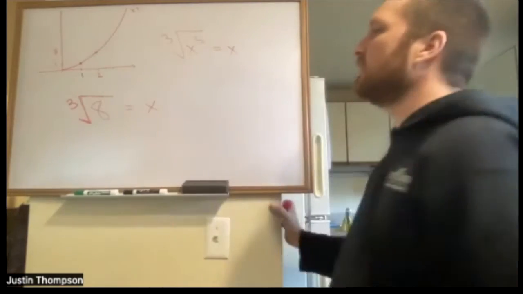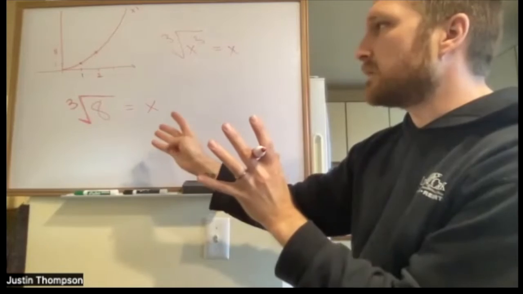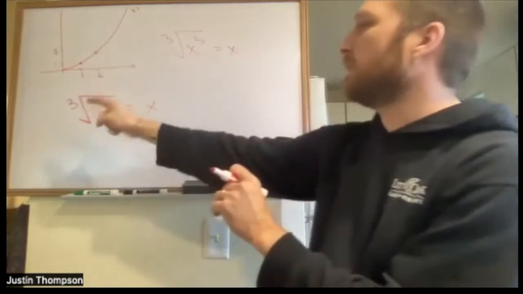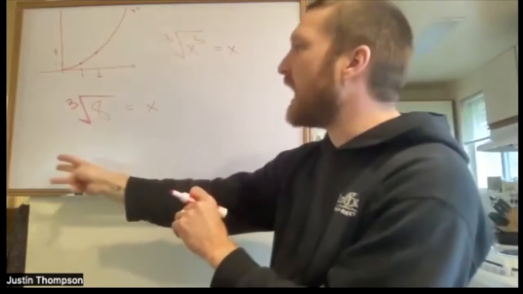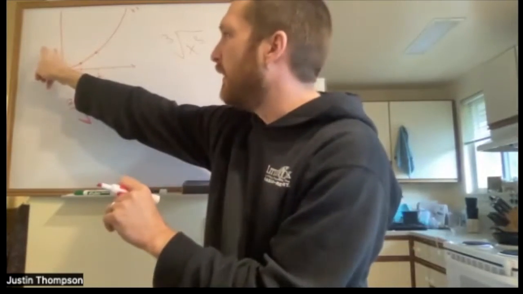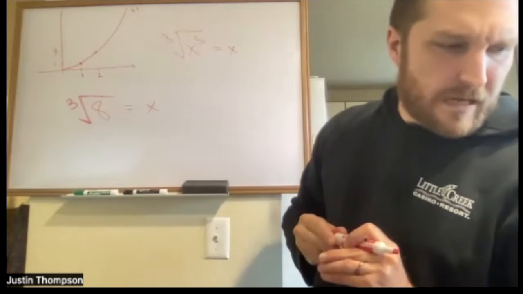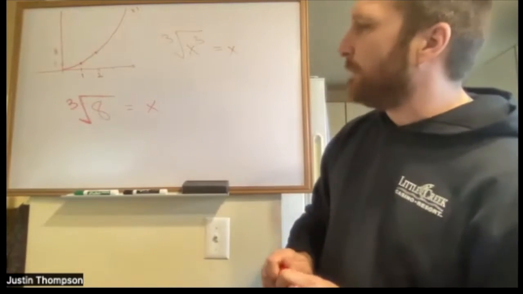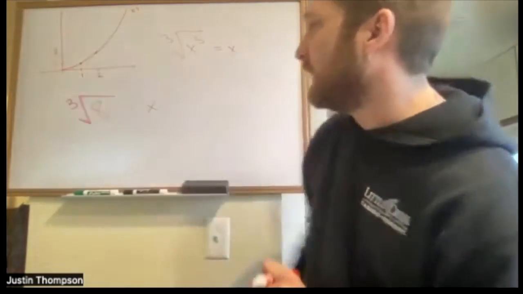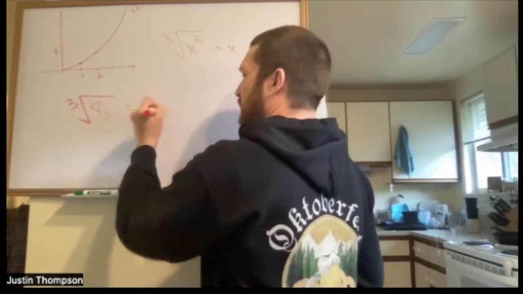One way of thinking about this is to say, well, this means that some number times itself again is equal to 8. In other words, that's the output there, and we're trying to find the input there. And this one happens to be, yes, 2.